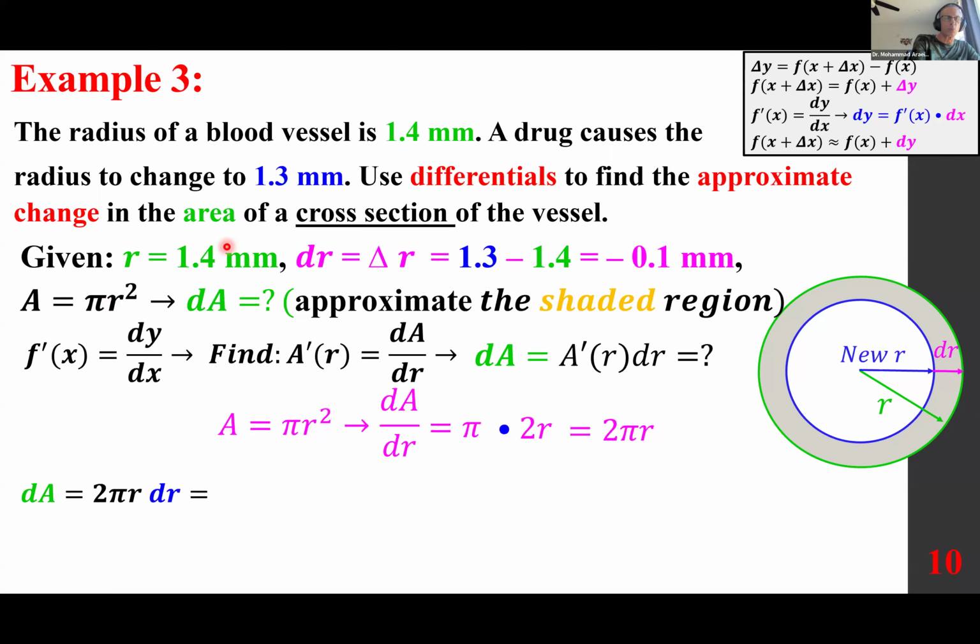replacing r with 1.4 and dr with negative 0.1. So 2 pi times 1.4 times negative 0.1 results in negative 0.28 pi, in units of area, millimeters squared.